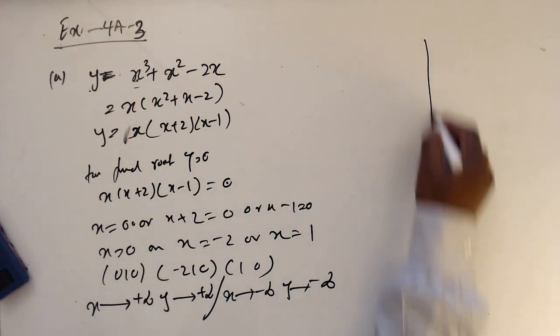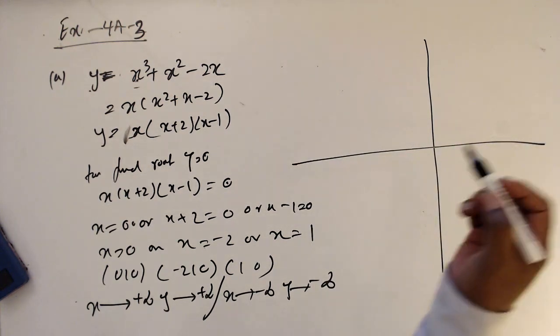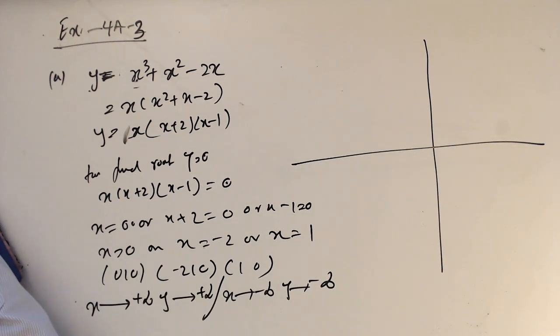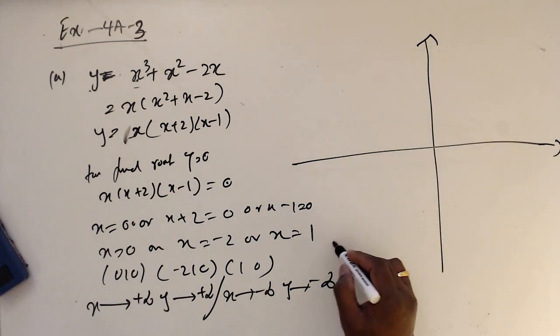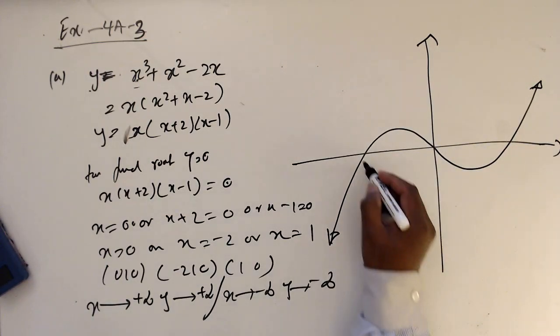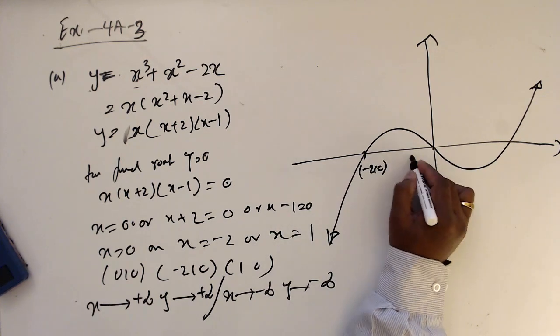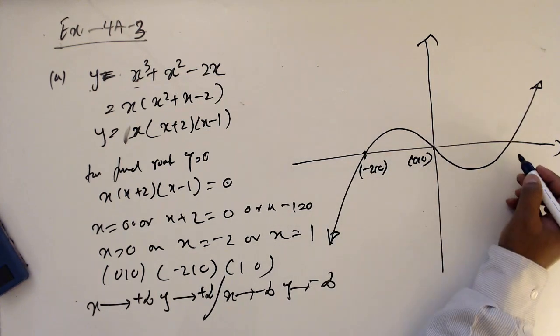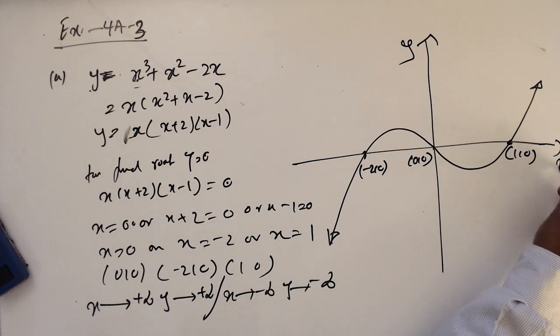And this is minus 2, 0, 0, 0, and 1, 0, and y and x.